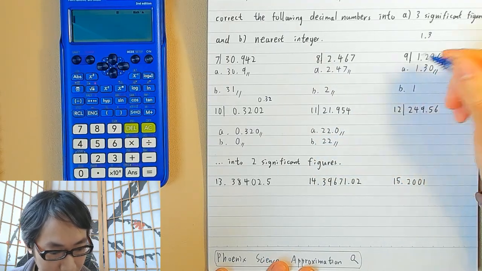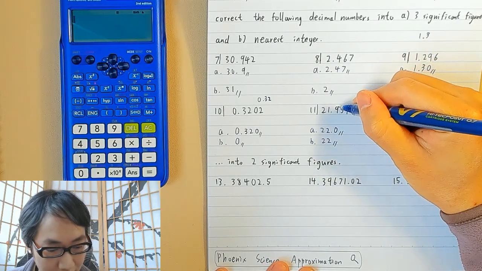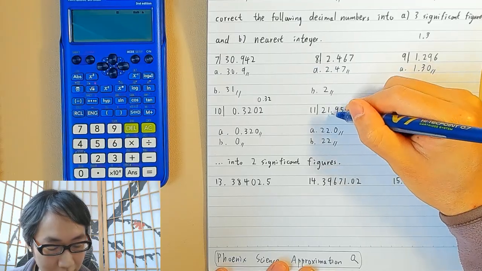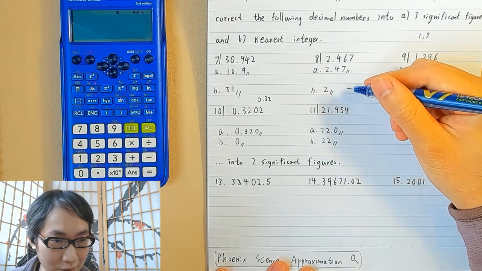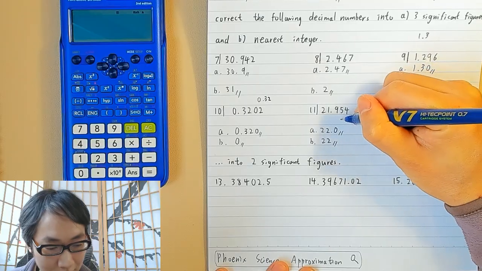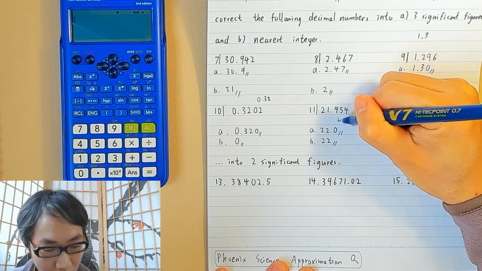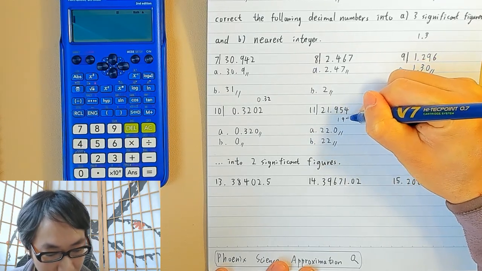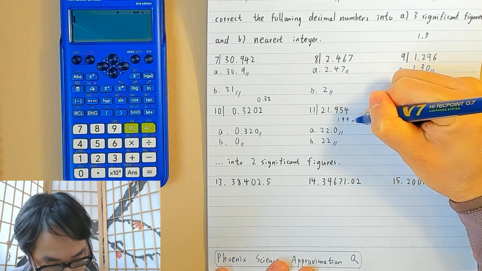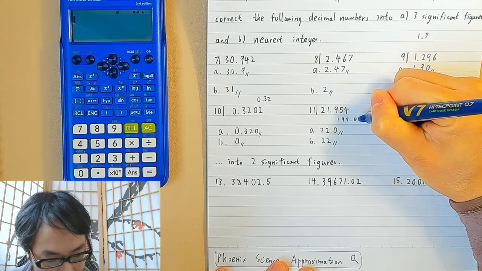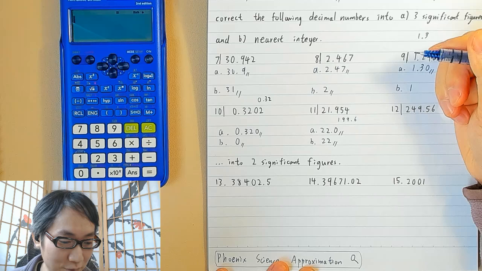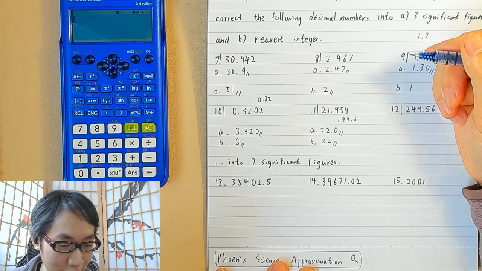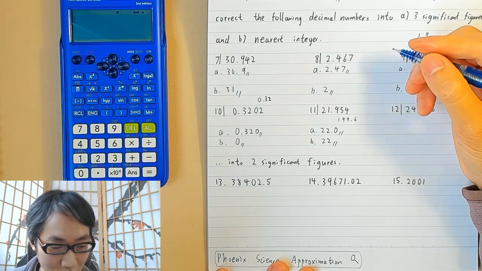Okay. So this increasing digits thingy also applies if you have a number like this. For example, if you have something like 199.6, and we want to correct it to three significant figures as well.